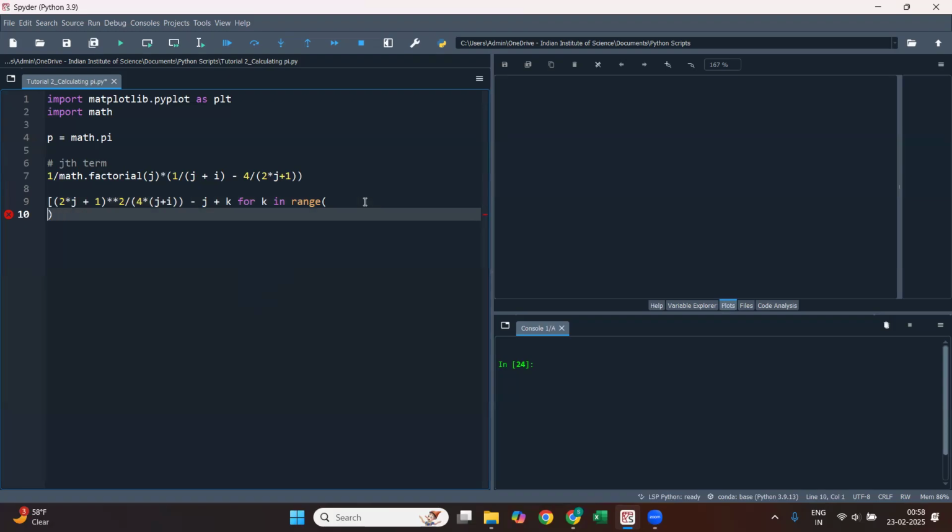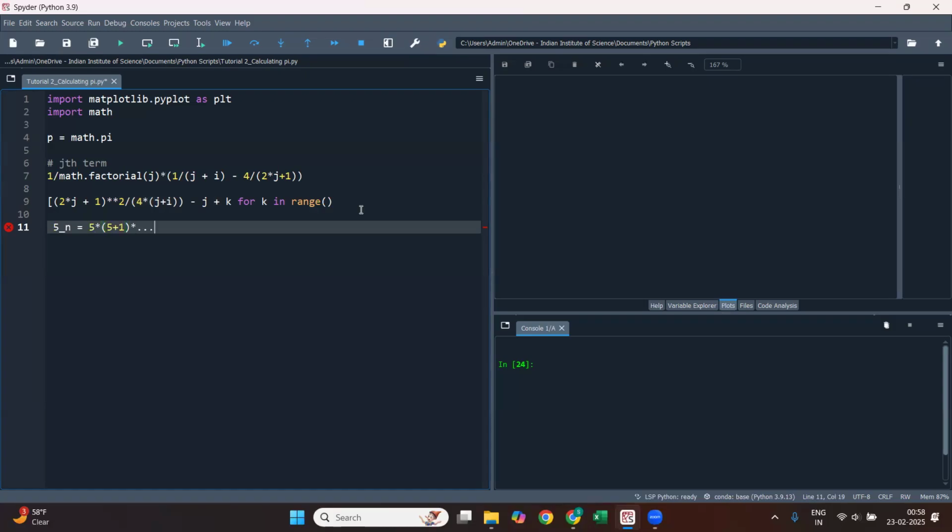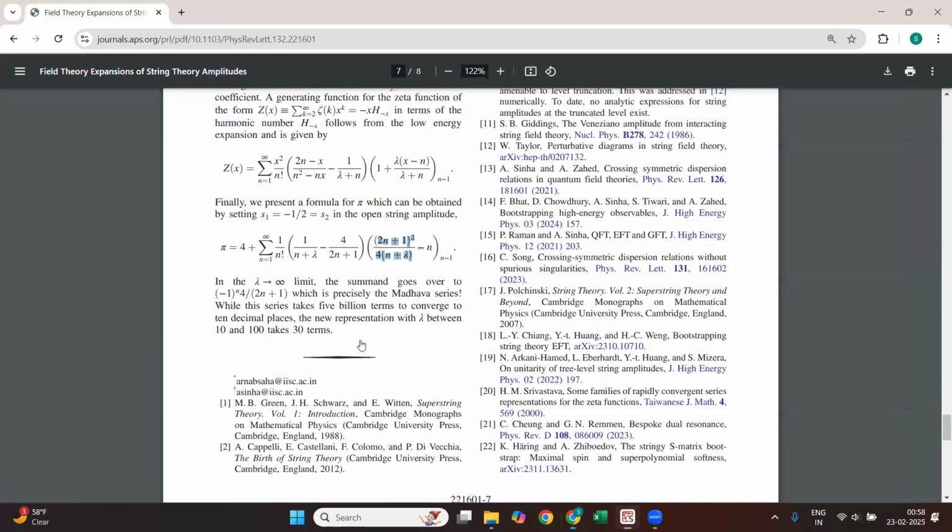So I'll just repeat what I said. If I'm writing 5 subscript n, that goes till 5, 5 plus 1, and so on till 5 plus n minus 1. So I have over here this bracket with n minus 1 in the subscript.